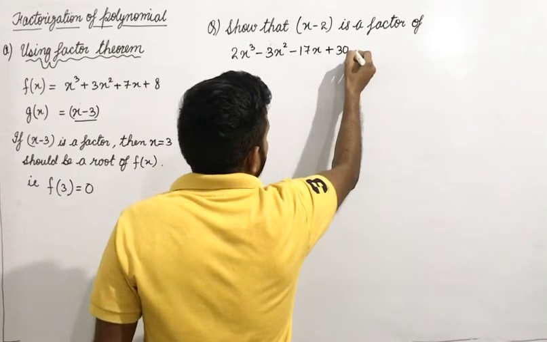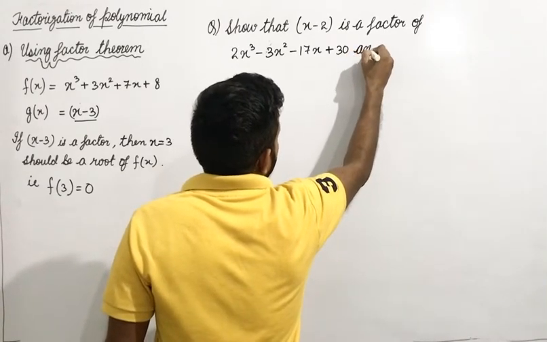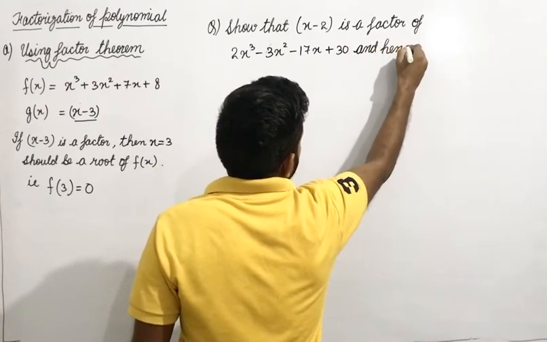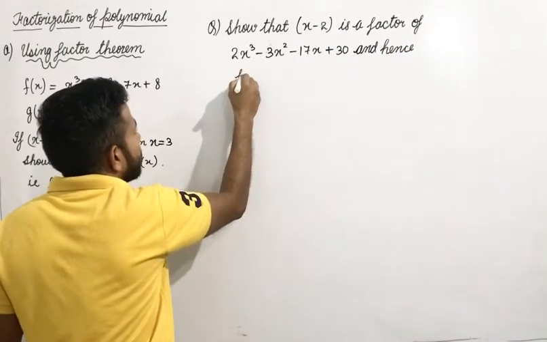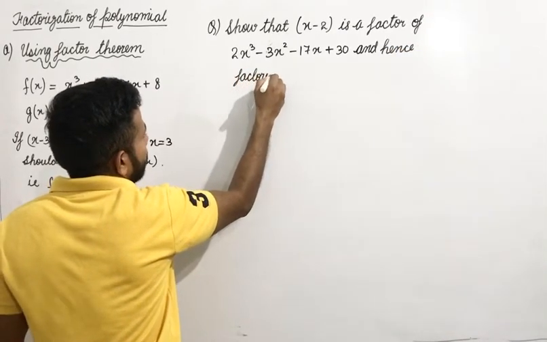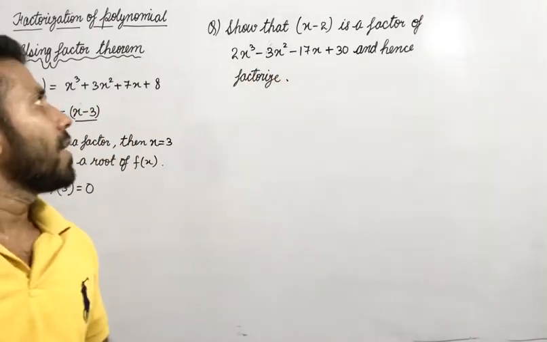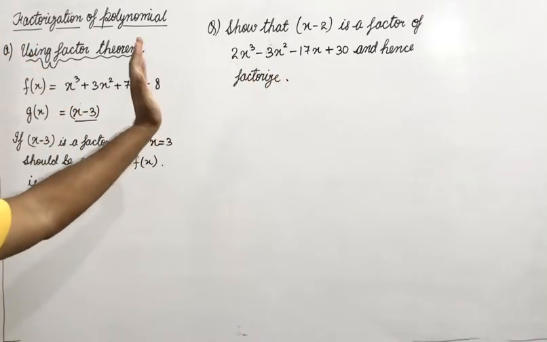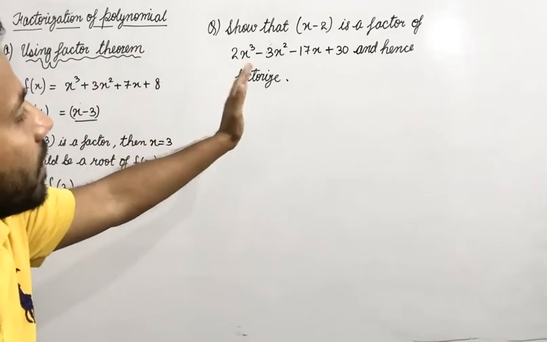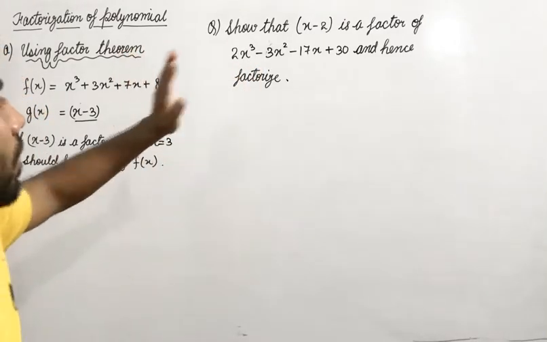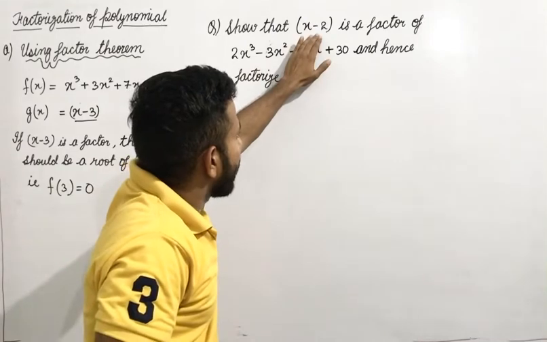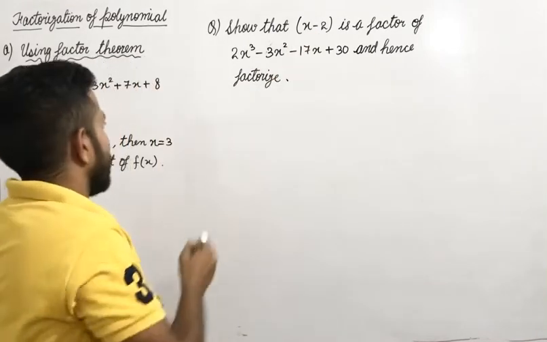This is how it should be done. And the next part of the question is, and hence factorize. This is the complete question: show that x minus 2 is a factor of 2x cube minus 3x square minus 17x plus 30. So this is the factor given. So let us start.